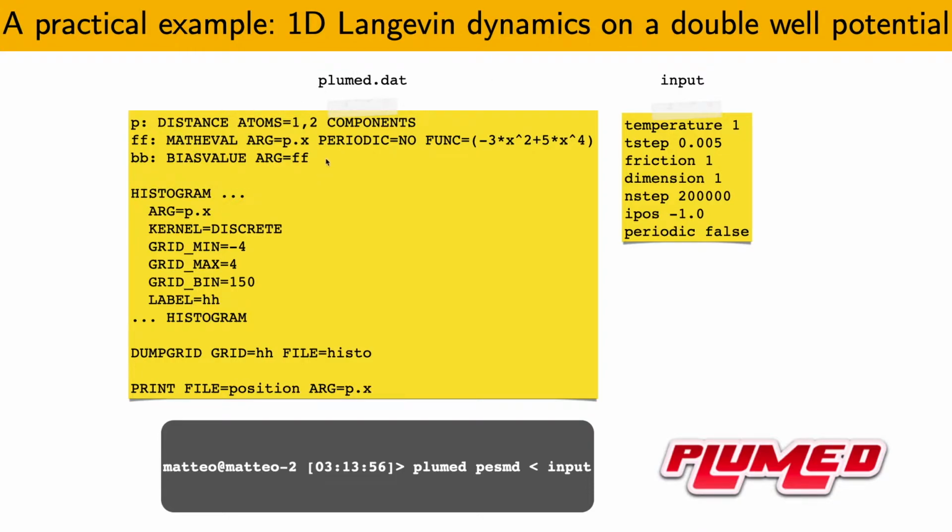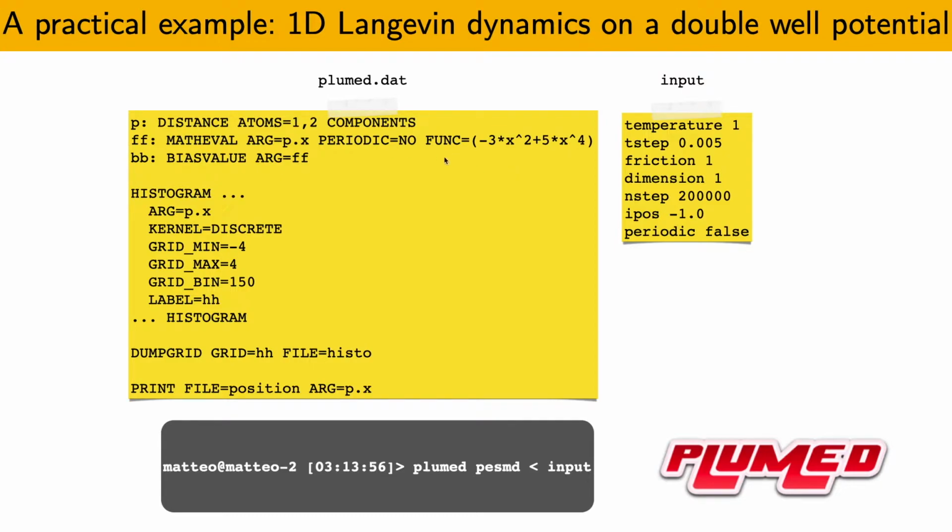This preamble part is used to define a monodimensional space with this fictitious variable p, which is defined as a distance between atoms, but plays the role of our monodimensional collective variable space.